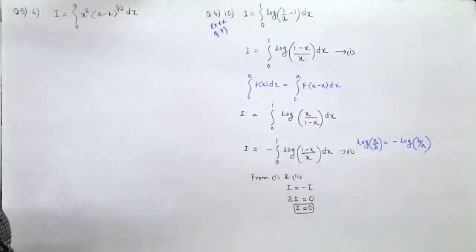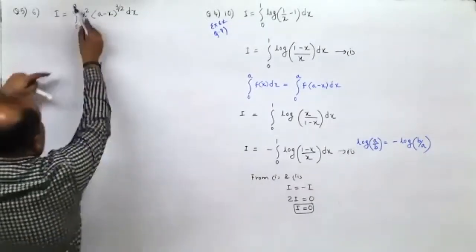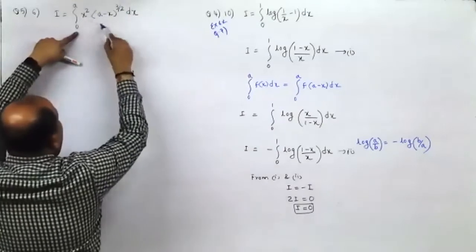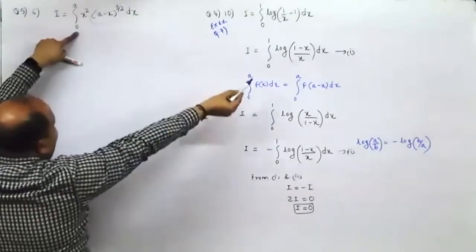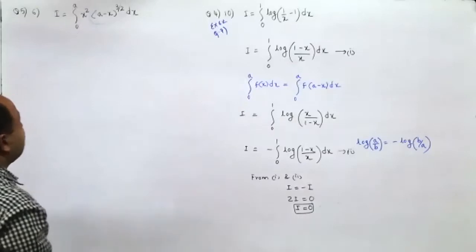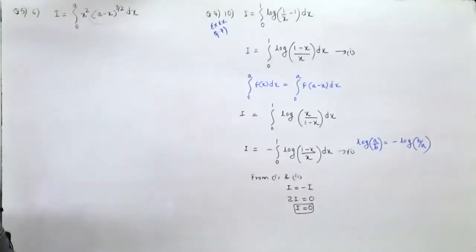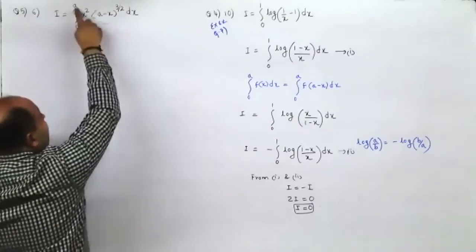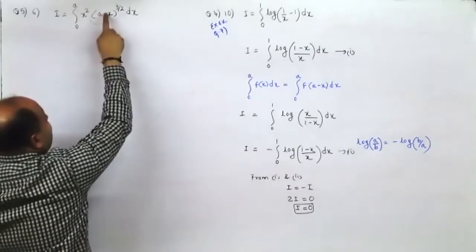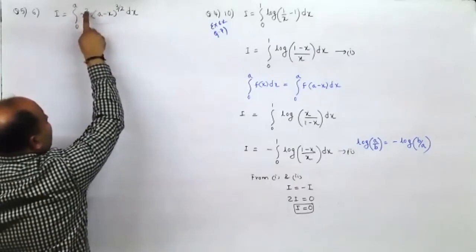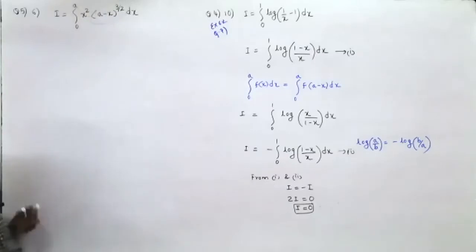Now, if you remember, I had told you, whenever you get upper limit minus x raised to some fraction, you always have to apply this property 0 to a f of x dx. So what is the benefit of that property? When you use that property, this a minus x would become x and this would become a minus x, and then you can solve it easily.